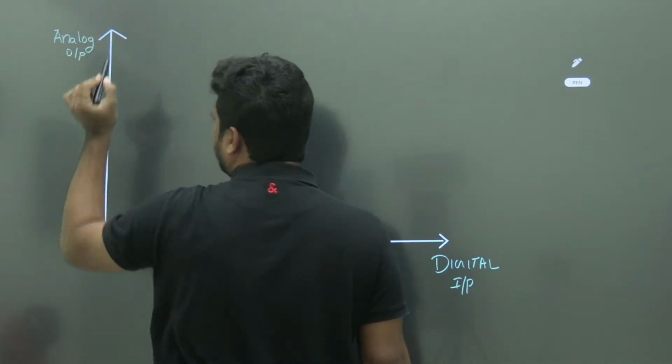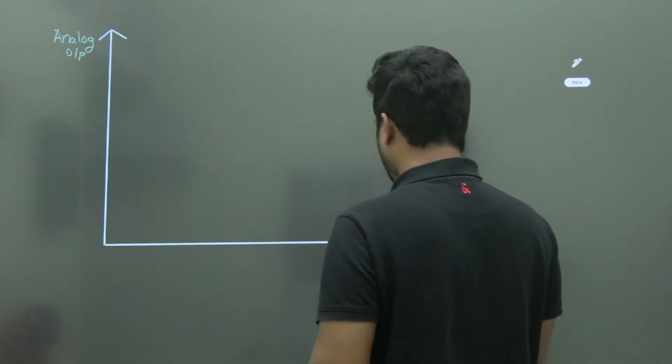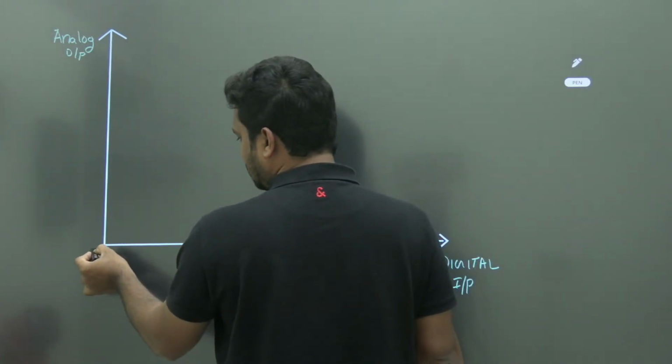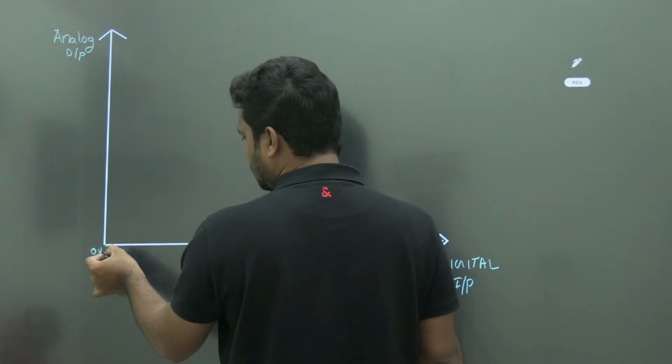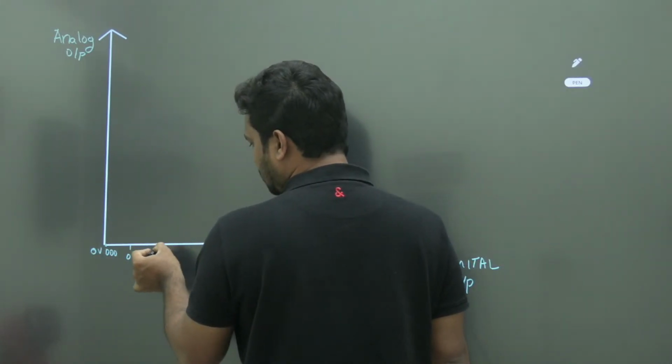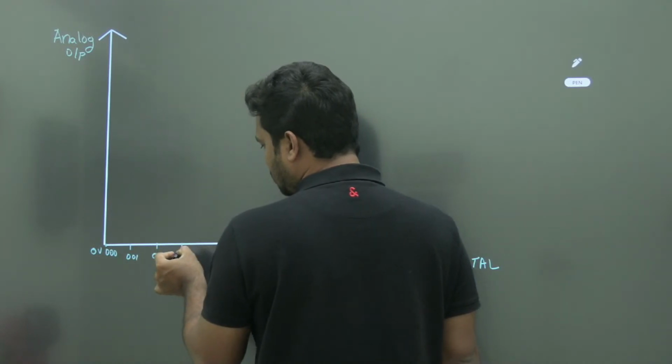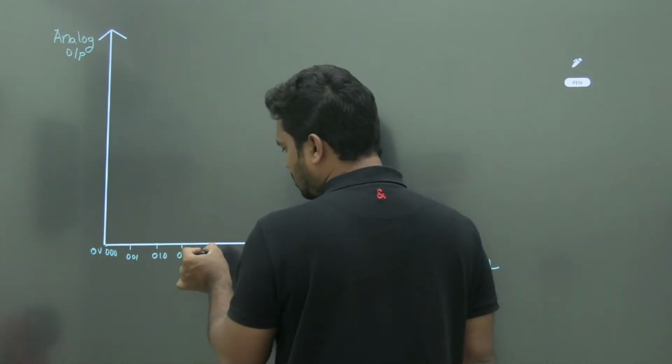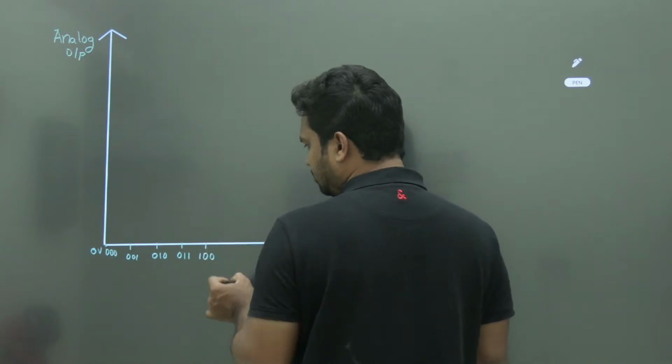For example, when the input starts with 000, then 001, 010, 011, 100.